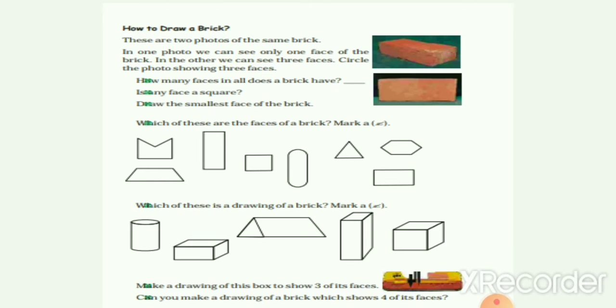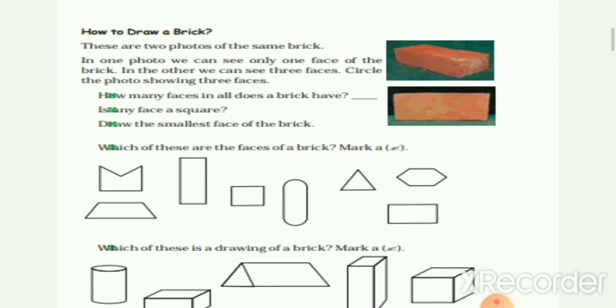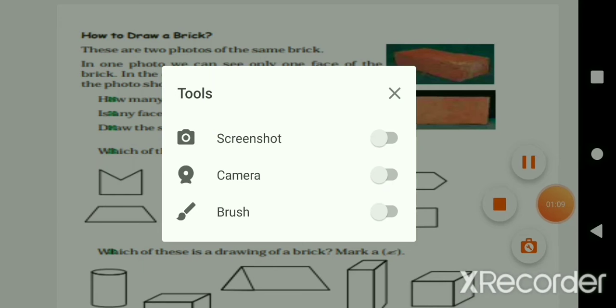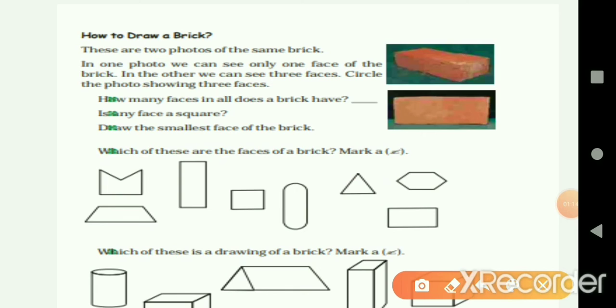Here there are 2 photos of a brick given. Look at the picture, this one and this one. There are 2 photos of the same brick given. In one photo we can see only one face of the brick.